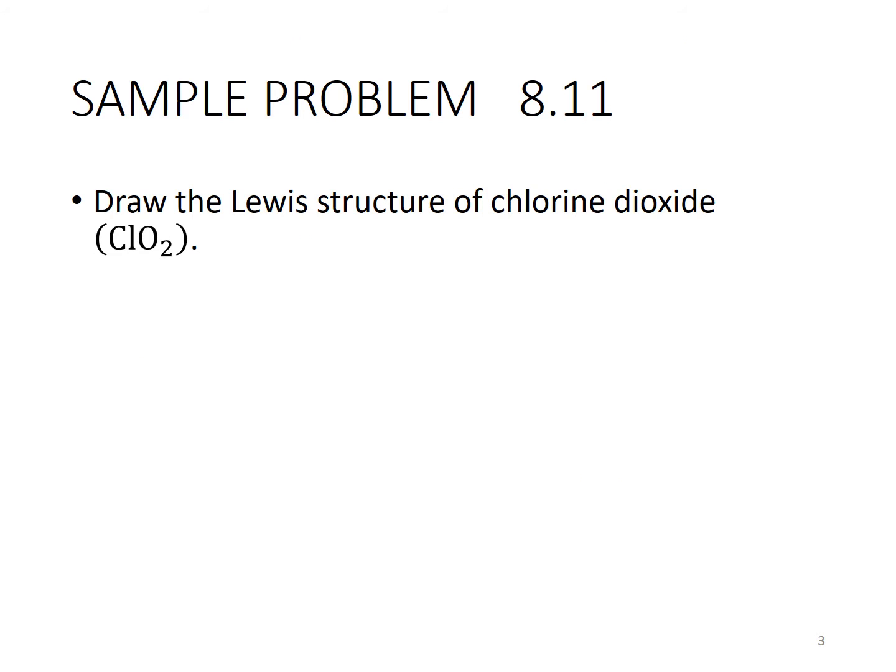So here's an example of one of these free radical situations. ClO2. So oxygen's on the outside, there's 2 of them versus 1 chlorine. So we'll start with something like this. We have 7 valence electrons for chlorine, and we have 2 oxygens, both that have 6.